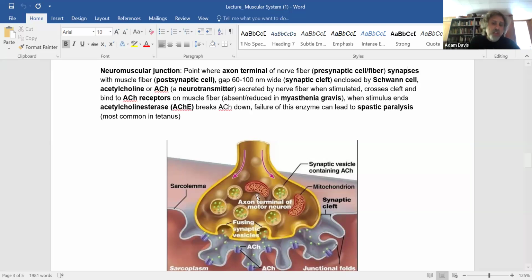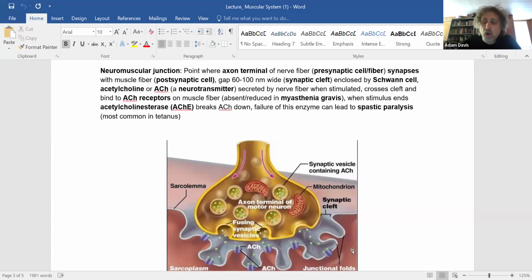We refer to the nerve on this side as the presynaptic neuron, presynaptic before the synapse, or the presynaptic cell, or the presynaptic nerve fiber. You can use any of those terms. We refer to the muscle on the other side as the postsynaptic cell or the postsynaptic fiber, whatever term you want to use.